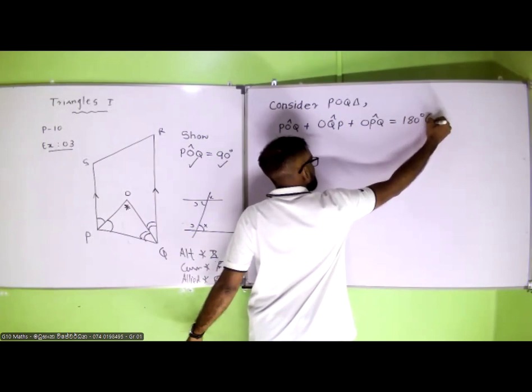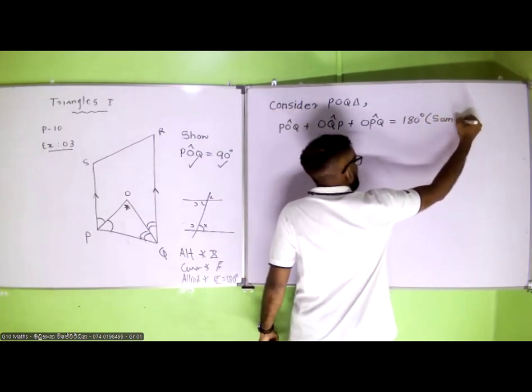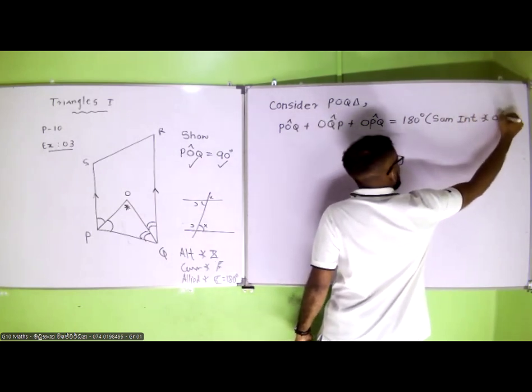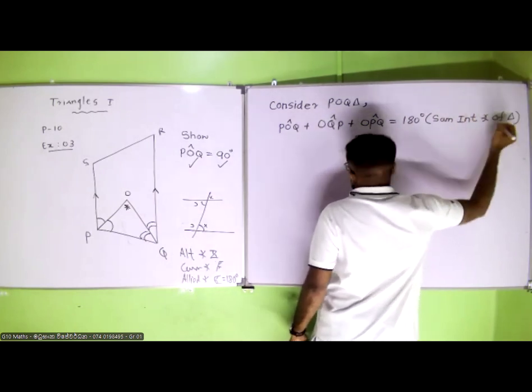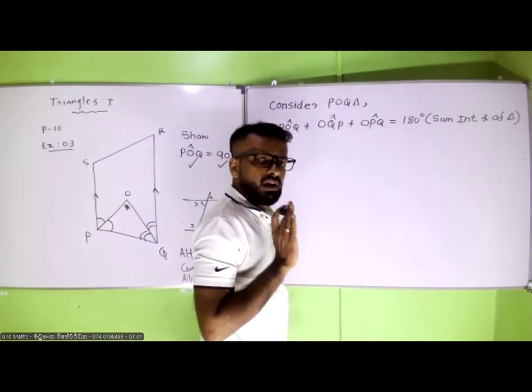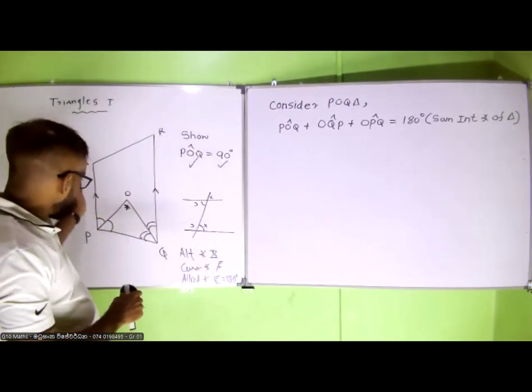So you have to write the reason, right? Sum of the interior angles. So you have to write the full reason, interior angles of a triangle. Right. So that is the thing that I know. And I know something else because they have given these two lines are parallel.